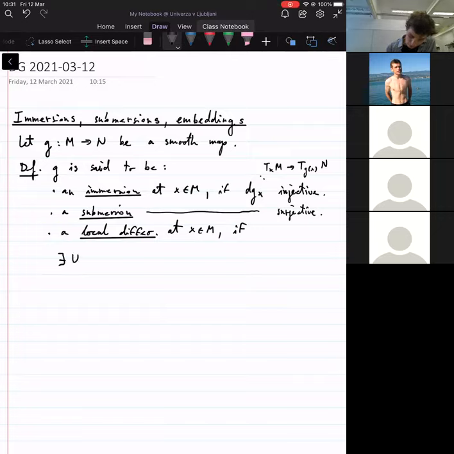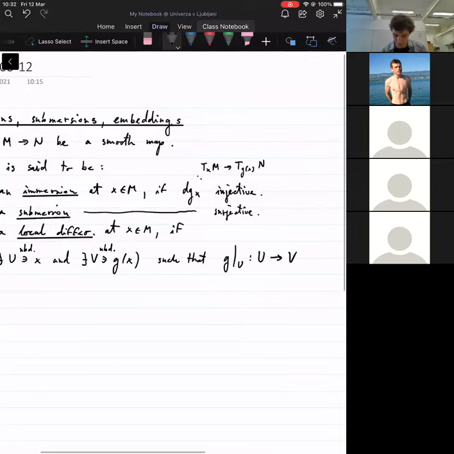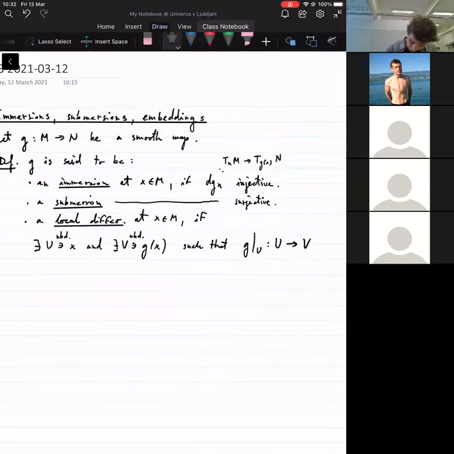There exists an open neighborhood U of X, and V an open neighborhood of G(X) such that the restriction of G to U, and this now goes from U to V, is a diffeomorphism.